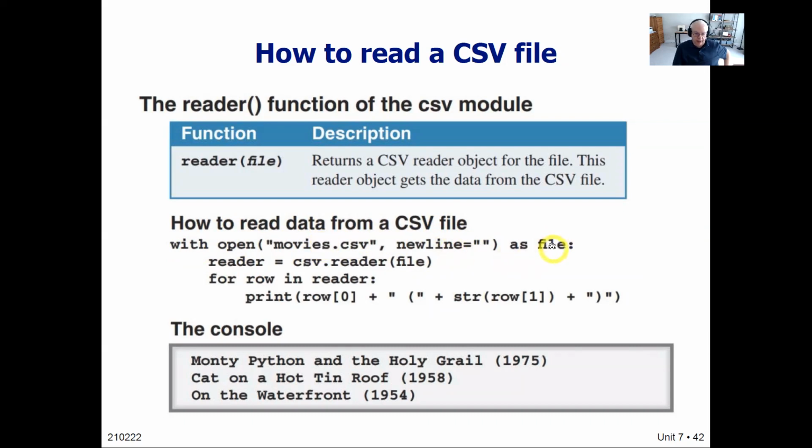Okay, creating this file object. Now that we've got that open, we can create a reader object by calling the CSV module .reader method on file. So this reader object is actually file as a reader object.